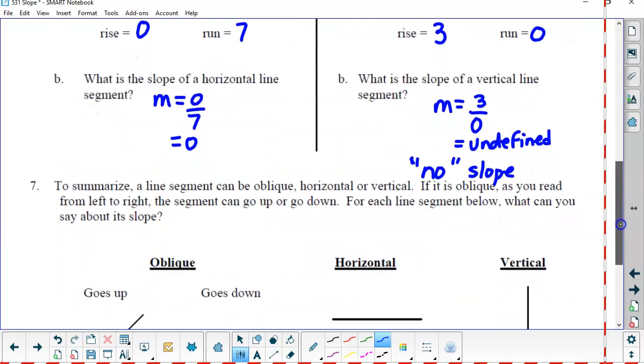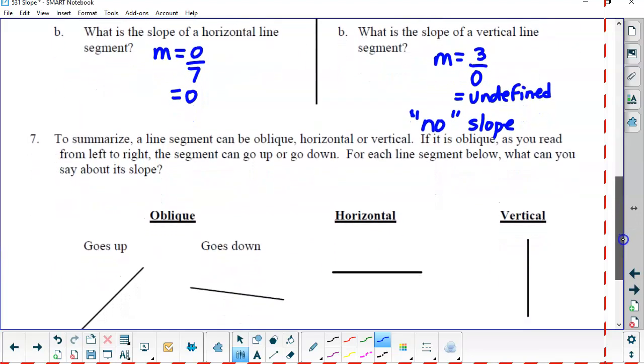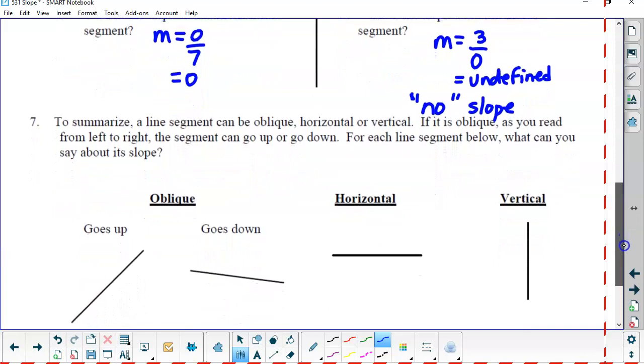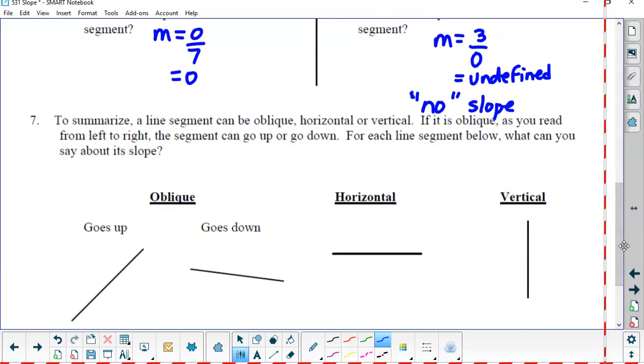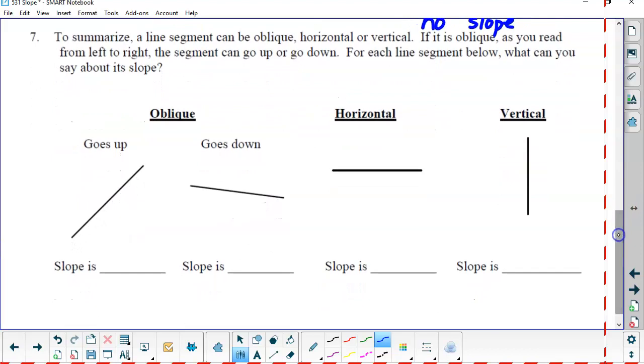Okay. So to summarize, a line segment can be oblique, horizontal, or vertical. If it's oblique, as you read from left to right, it can go up or down. For each, what can you say about the slope? So here, we don't know what the value is, but here we're going from left to right, it's going up.